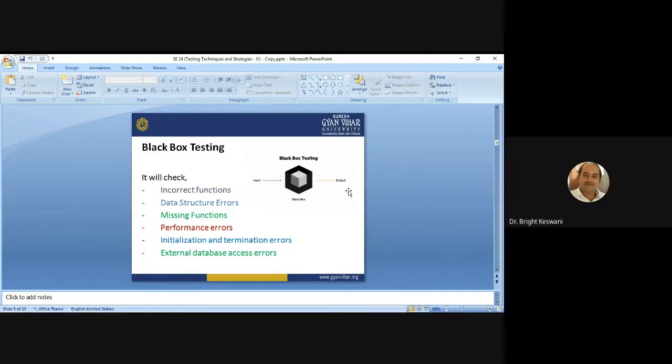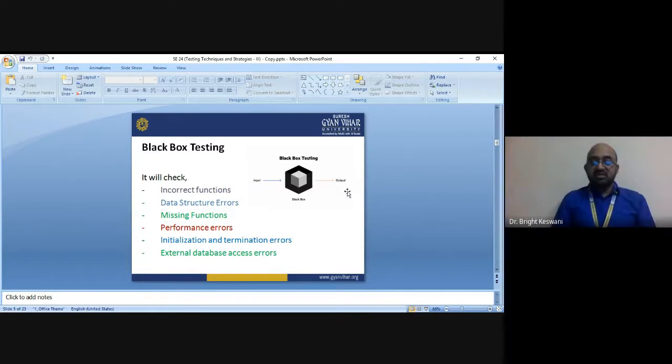Black box test design treats the system as a black box. It is the software testing technique whereby the internal workings of the item being tested are not known by the tester, and it is also known as functional testing.